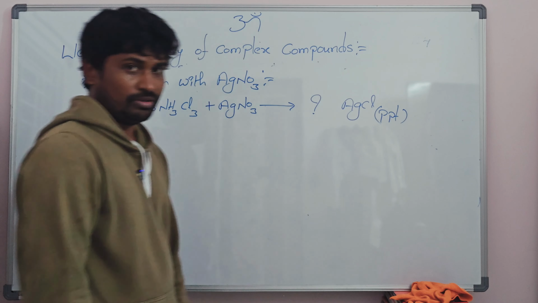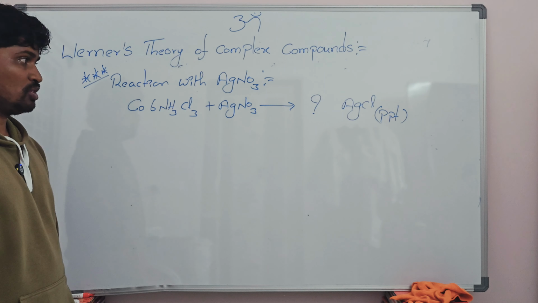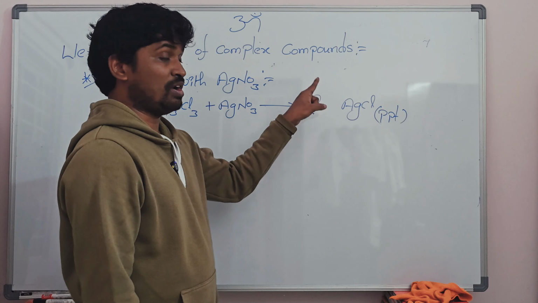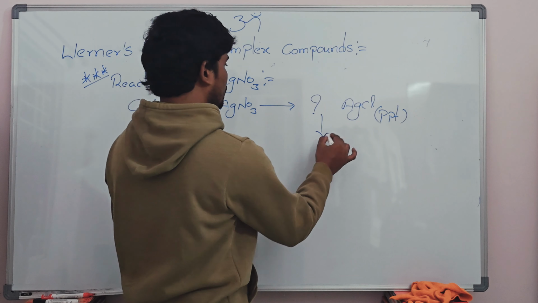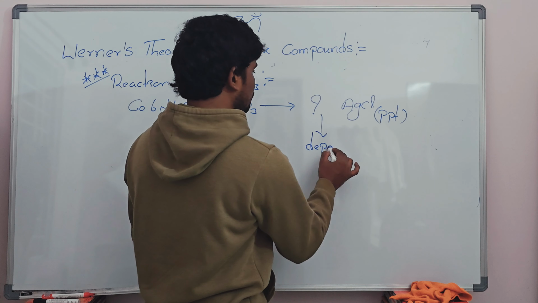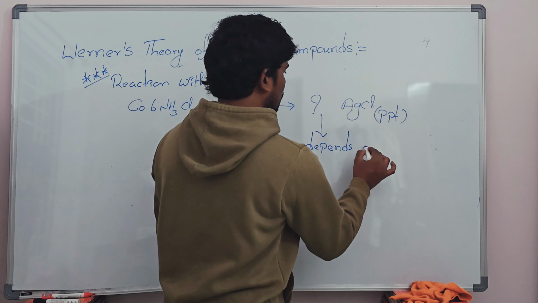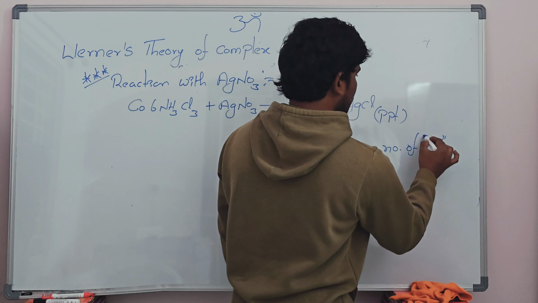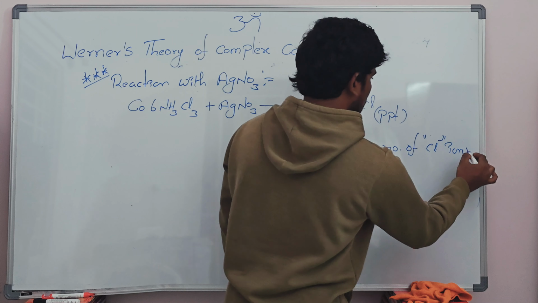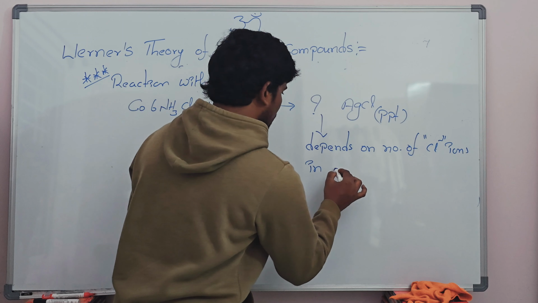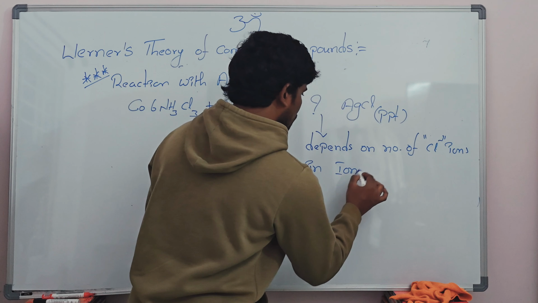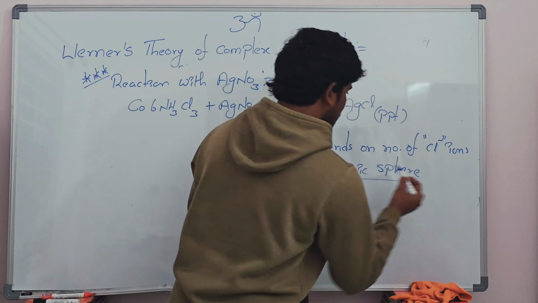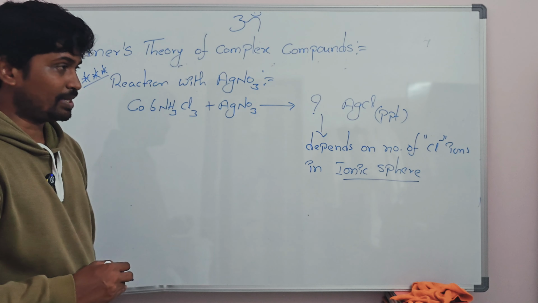How many moles of silver chloride precipitate are formed depends on, remember this, the number of Cl ions in the ionic sphere, not in the complex sphere.